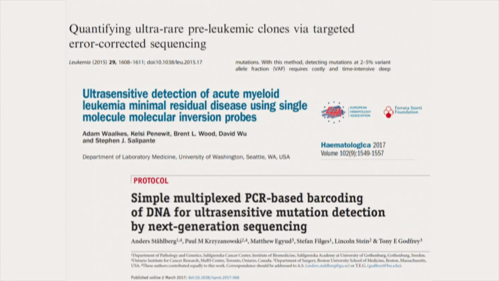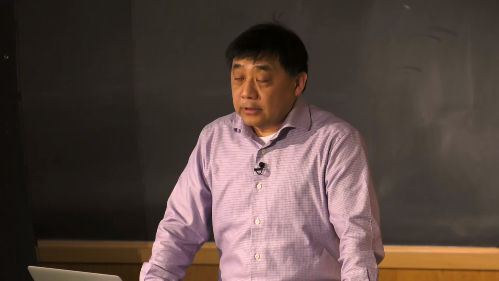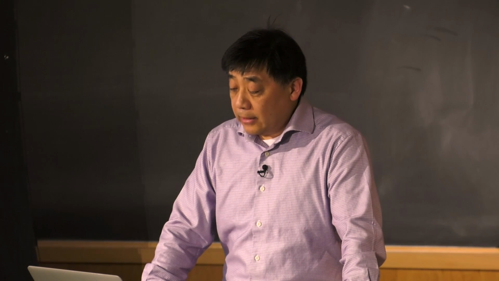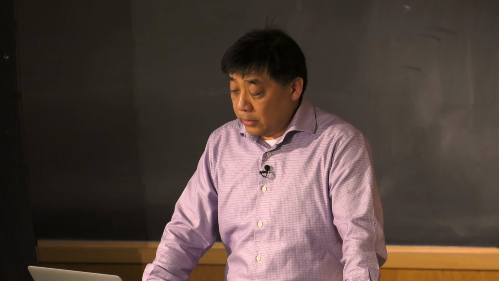This concept was established in 2015, and in our lab department, Steve and David recently had a paper published in Haematologica, a proof of concept using SNPs to improve the detection sensitivity of AML MRD, and other labs are doing similar work.